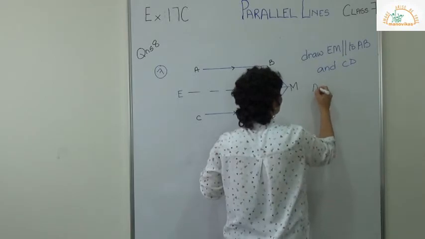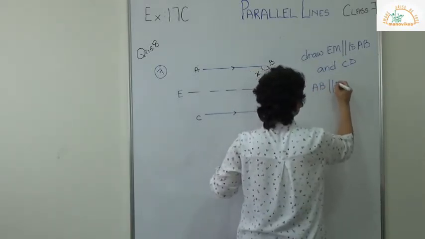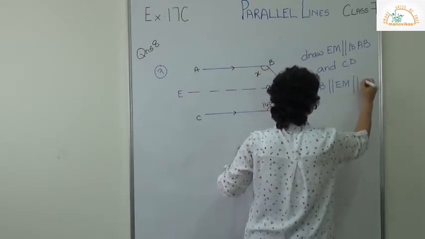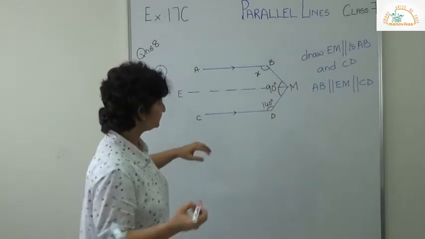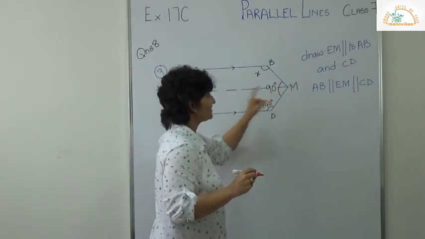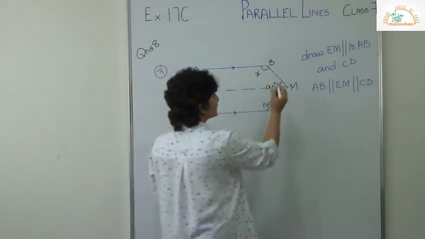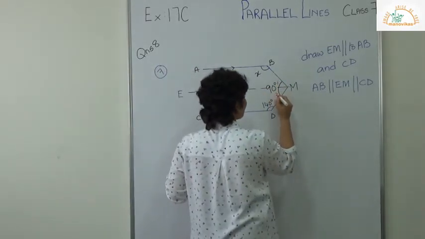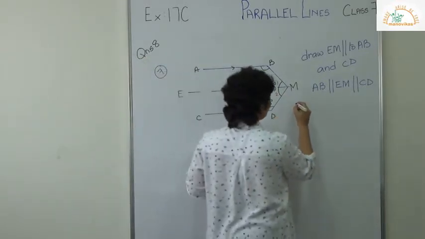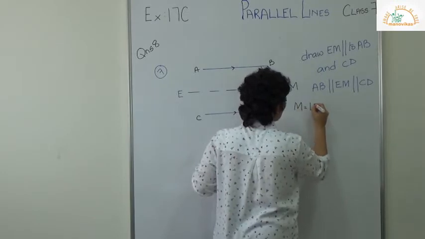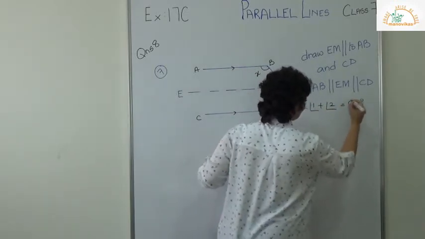So that means now AB is parallel to EM and EM is parallel to CD. Clear? Alright. Now, you know this angle N is equal to 90 degrees. Now I have drawn a line parallel here. So let's split angle N as angle 1 and angle 2. So now I know that N is equal to angle 1 plus angle 2, which is equal to 90 degrees.